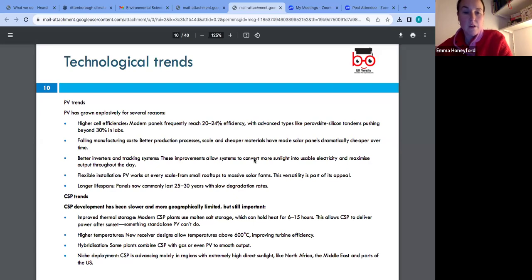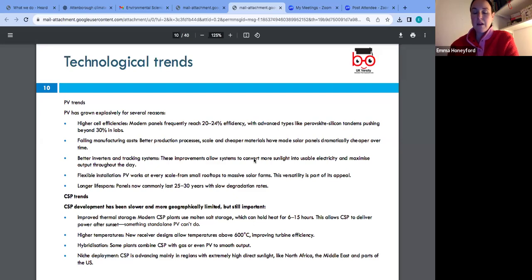That has driven its success. There are also better inverters and tracking systems, and these improvements have allowed systems to convert more sunlight into usable electricity and maximise output throughout the day. Flexible installation: PV works at every scale, from small rooftops to massive solar farms. Being so versatile is a part of its appeal.